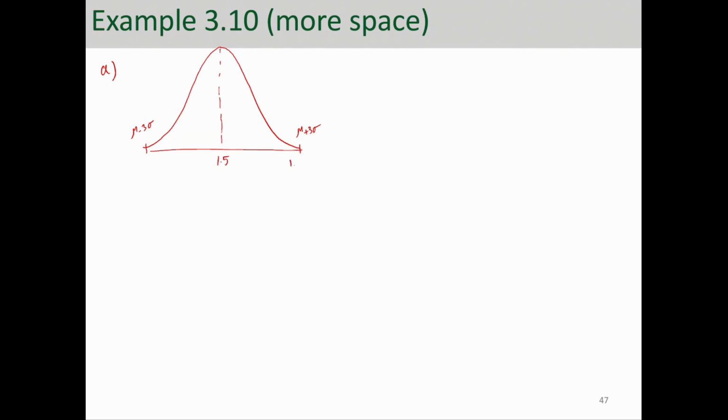So that would be 1.53, and here would be 1.47. That means almost 100% of the batteries being produced at this facility are going to have a voltage between 1.47 volts and 1.53 volts.